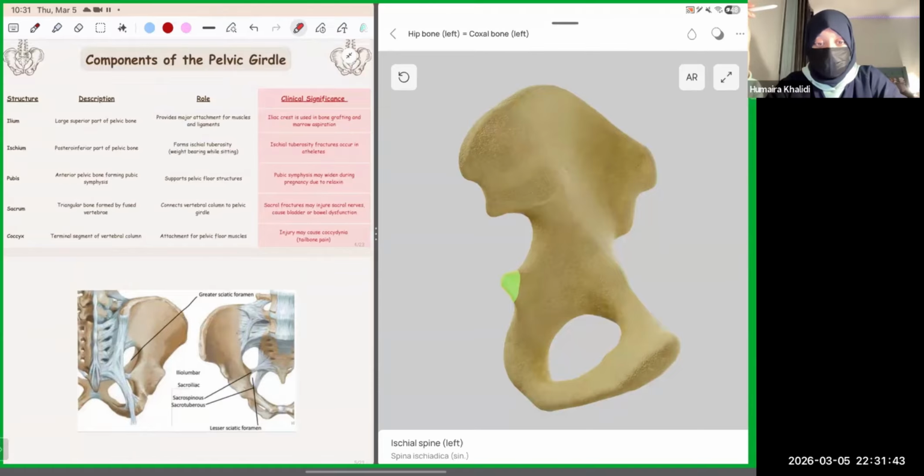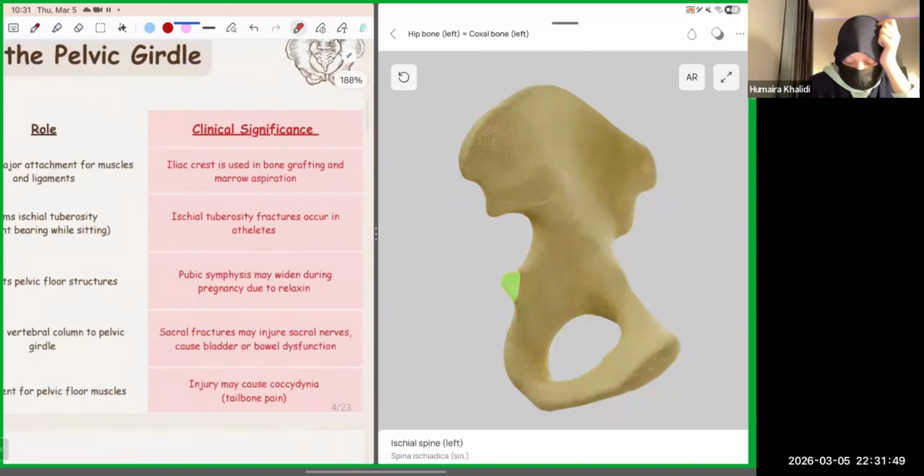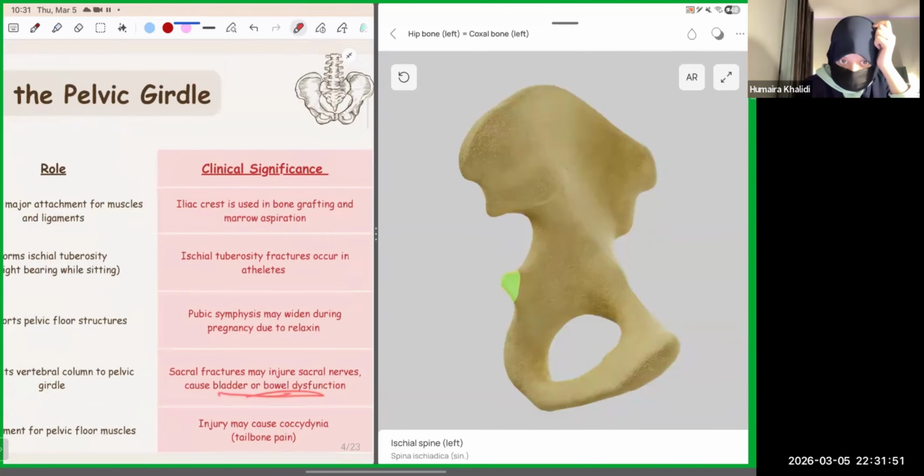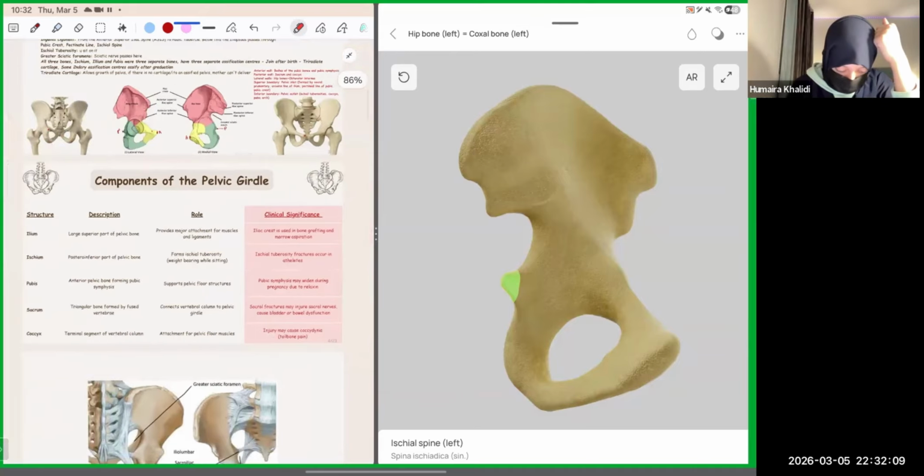The nerves will get damaged, which will lead to bladder or bowel dysfunction, paralysis to some extent. It leads to bladder or bowel dysfunction because the sacral nerves, mainly, supply the pelvic organs, the ones which are in the pelvis.